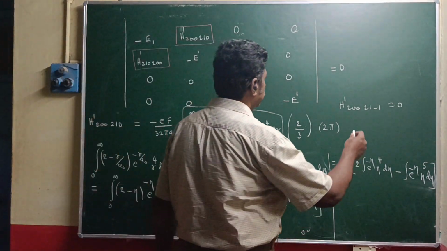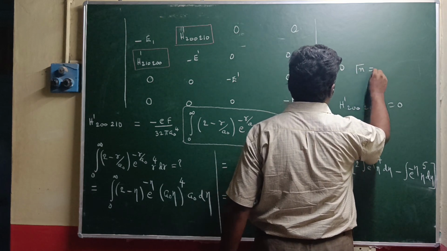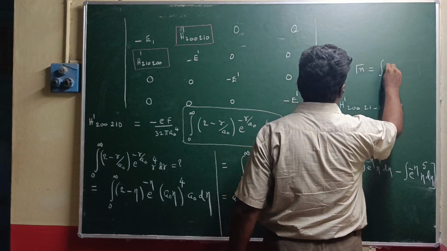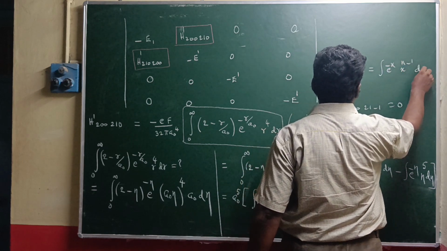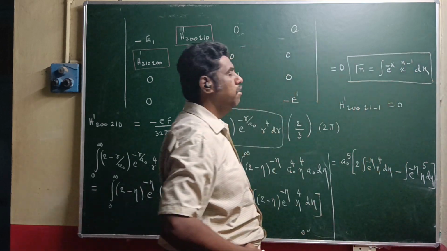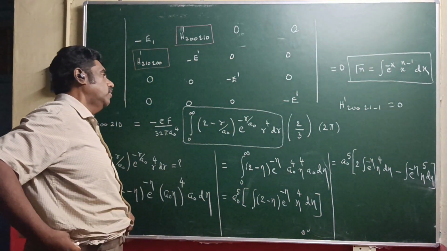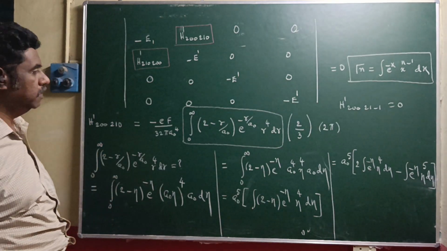We know that gamma of n equal to integral of e power minus x, x power n minus 1 into dx. This is the formula for the gamma function. Gamma of n is equal to integral of e power minus x, x power n minus 1 into dx.